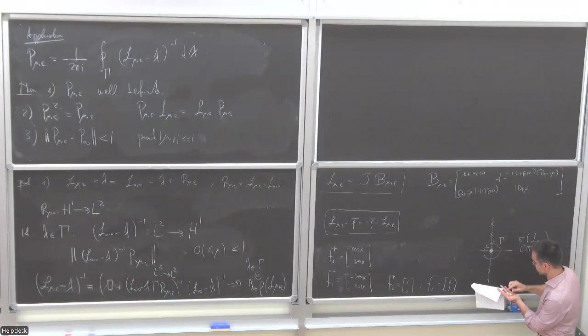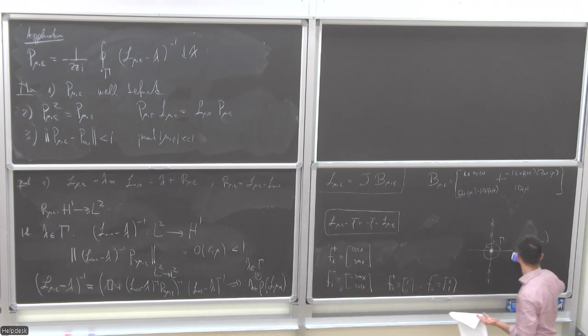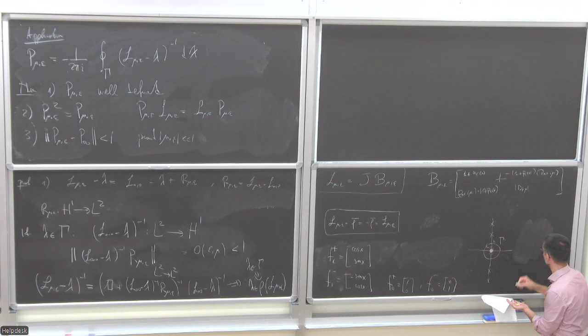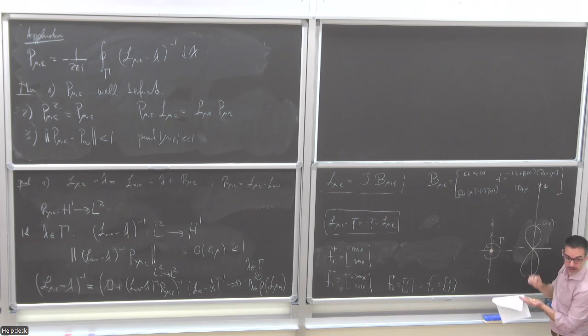So the figure 8 is the picture with a different scale. This distance is about epsilon, and instead the circuit you take much larger. The next eigenvalue is at distance 1, so you have space.